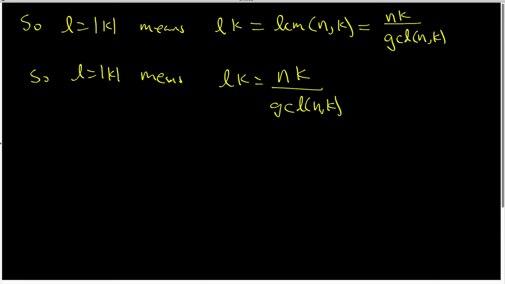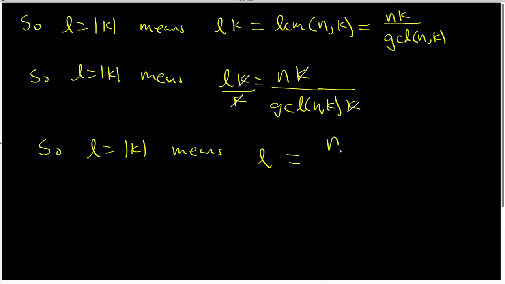And I'm going to divide both sides of this equation by k. And when I do, the k's on this side cancel, the k's on that side cancel, and we get L is equal to the order of k means that L itself is equal to n divided by the GCD of n and k.